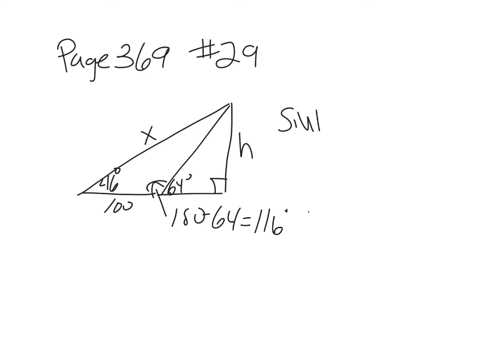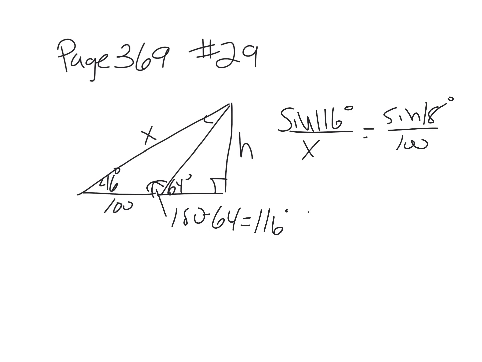So sine of 116 degrees over x equals 100, and I need to find this angle up here in order to use it, and that angle up there is going to be 180 minus my other two angles, which will give me 18 degrees.